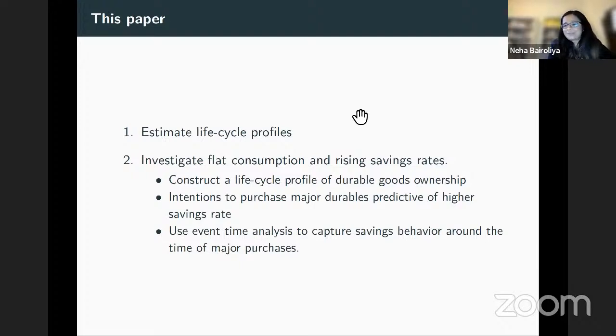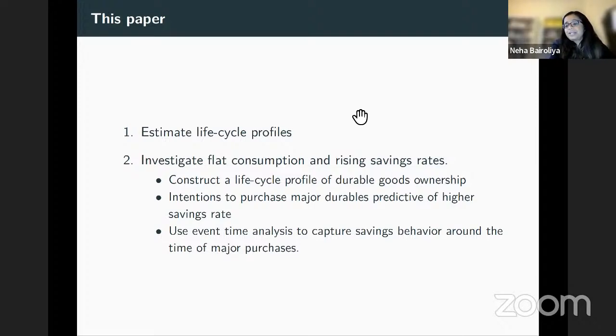However, short of that, we observe a lot of other interesting things like intentions and purchases of consumer durables over the life cycle. So we try to provide evidence of this demand for lumpy investments, which could potentially be depressing some of this growth in non-durable expenditures by documenting three supportive facts.